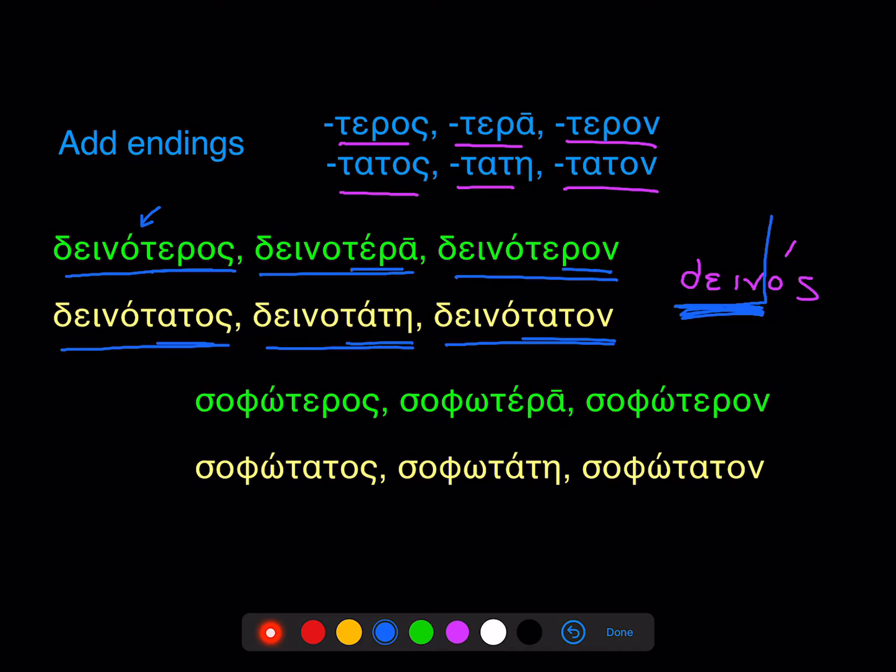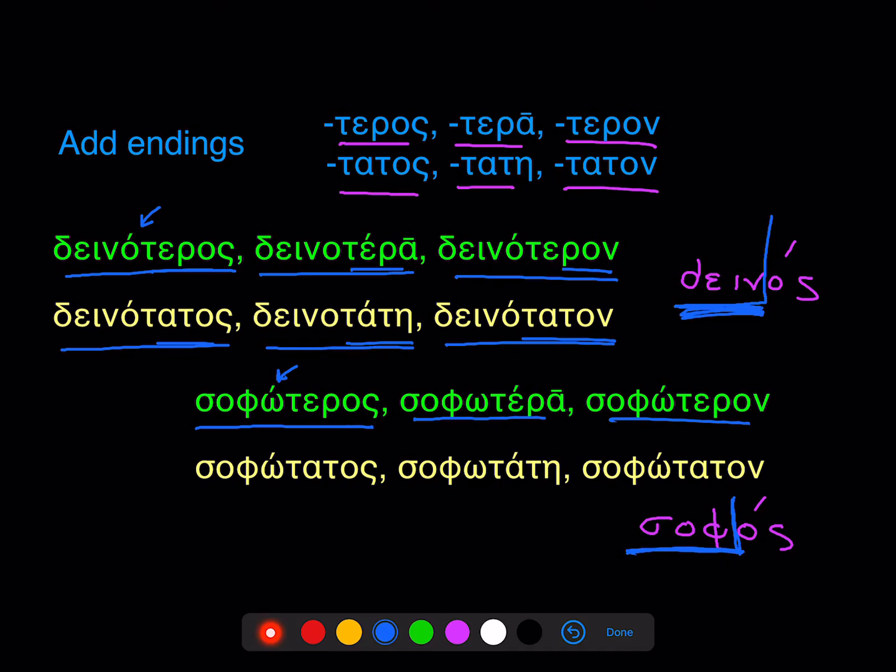Now let's look at sophos. So here's the positive degree of the adjective, sophos. Here's the stem. So if the last syllable of the stem is short, then we add a long O, an omega, before the endings, and we end up with sophoteros, sophotera, sophoteron, right?